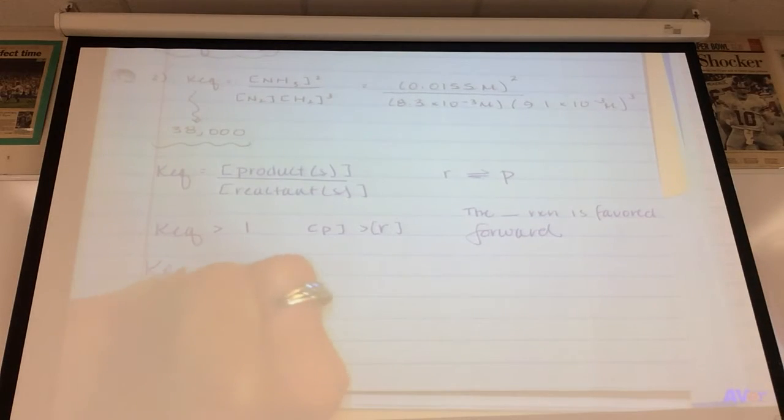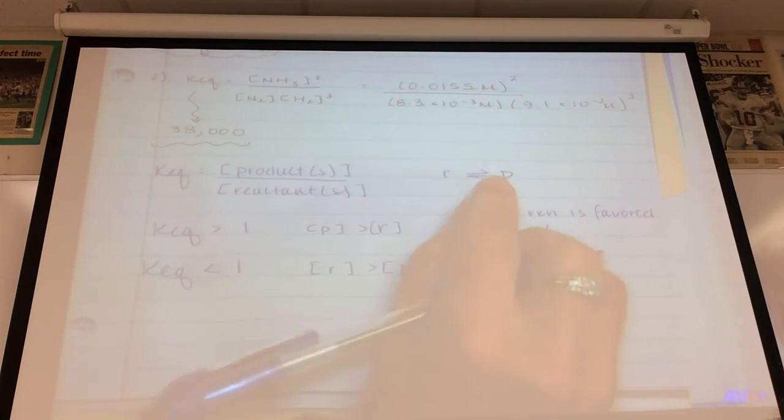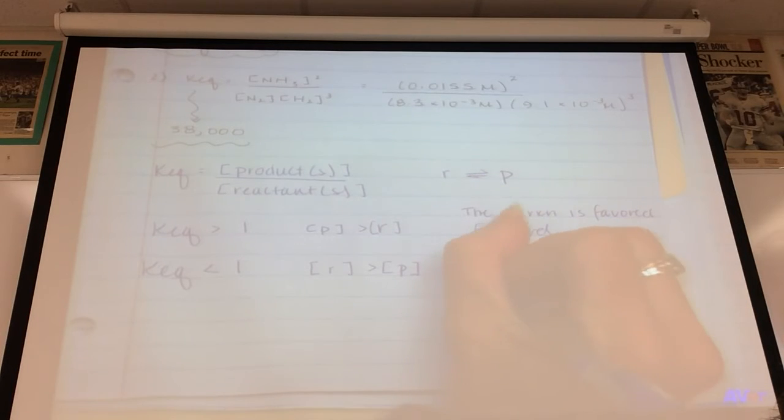Now, if KEQ is less than 1, then the reactant concentration has to be larger. Now, you can't get a negative KEQ, so you're talking about a fraction less than 1 or times 10 to a negative exponent. So here, reactant concentration is greater than product, so now you've got more of this, so the reverse reaction is favored.